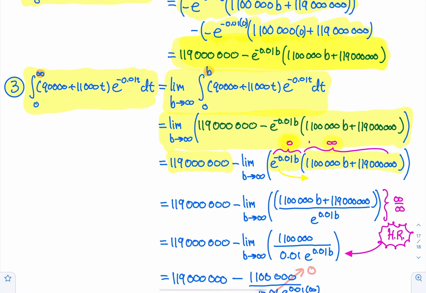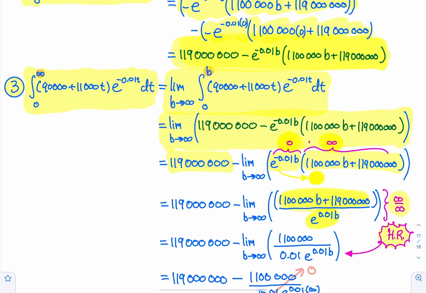So when you have 0 times infinity, that's bad. But no worry, the exponential function, we can move it around. We can bring it down at the denominator as e to the power of 0.01 b. Now if you replace b by infinity, you have infinity over infinity. So you can use L'Hospital's rule.